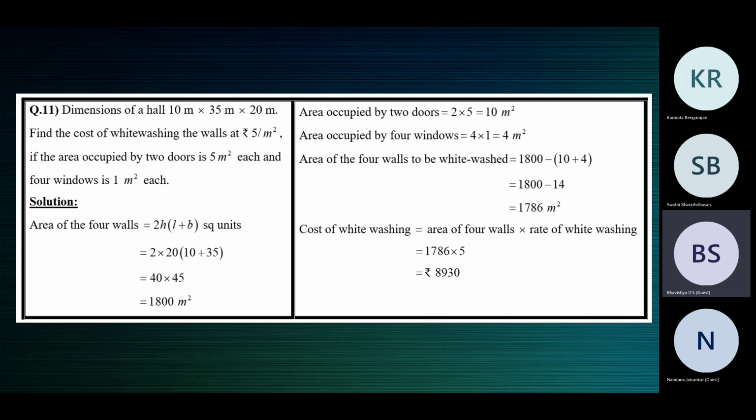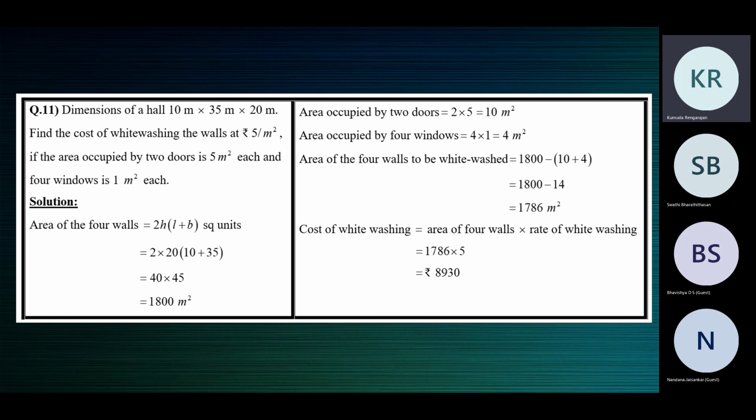Yes, ma'am. So always when we find the area of 4 walls, using the formula 2h into L plus B, it is the area of the 4 walls, including the area of the doors and windows. But we know that we will not whitewash the doors and windows. When we paint the walls, the paint used for the wall will also paint the window and door.